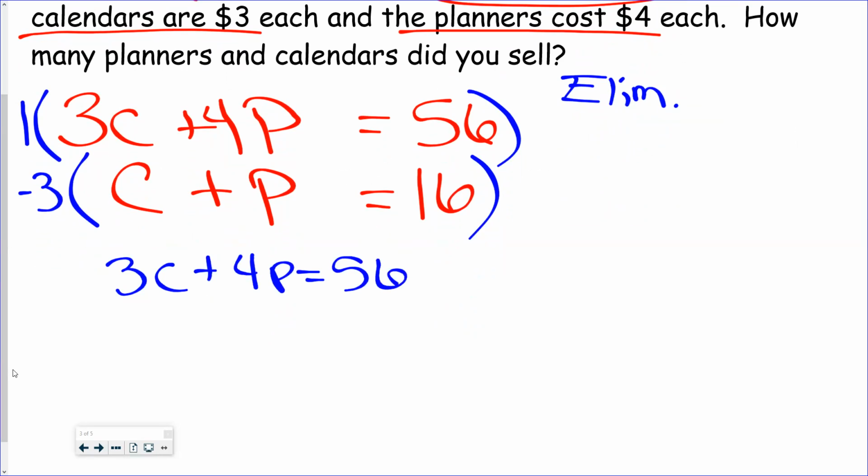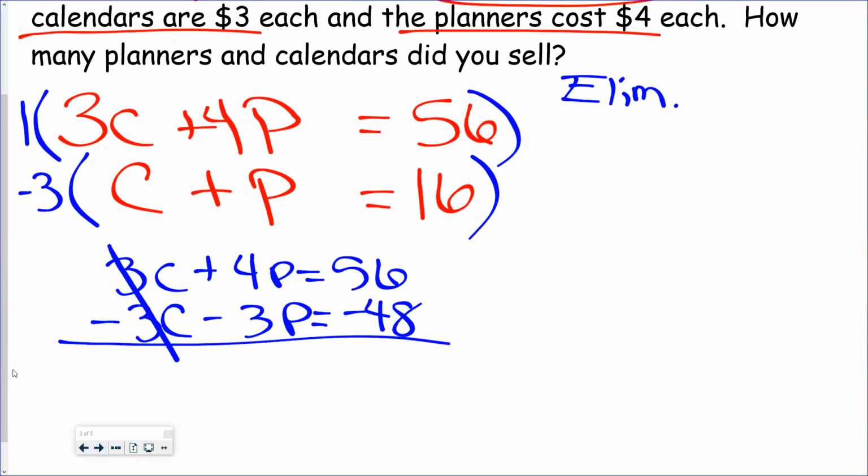But the bottom equation, I'm going to end up multiplying and get negative 3C minus 3P equals negative 3 times 16. So negative 48.